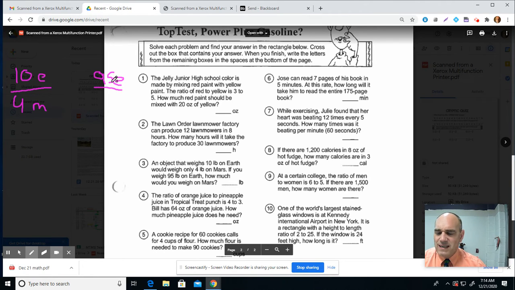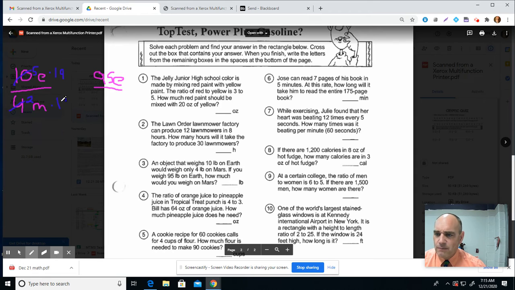10 times what will give me 95? I can't think of a nice number, but I do notice that I could reduce this once again. So I'm going to do that. 2 goes into both of these. 2 goes in there 5 times, and 2 goes in there twice. Now, 5 will go into 95 evenly. 5 times, I think that's 19, will give me 95.